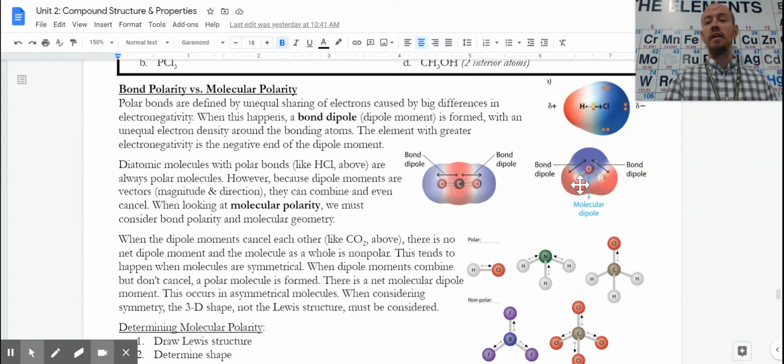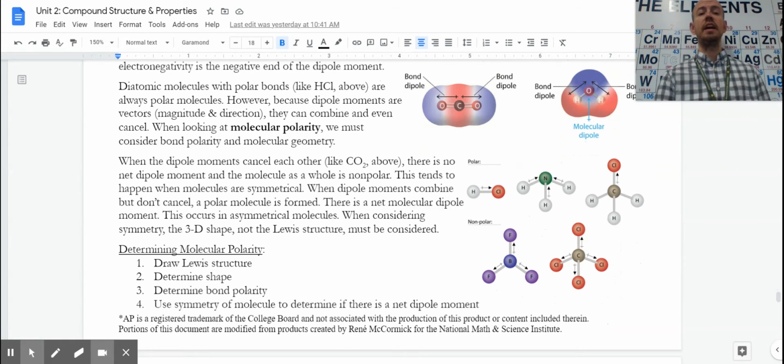For water, there is a pull towards oxygen from each hydrogen, which is somewhat inwards. So those cancel a little bit, but both of them are pulling kind of up with the way that it's drawn, towards oxygen. So there is an overall pull of electrons upwards, with the hydrogens having less electron density down there, so a negative and positive end.